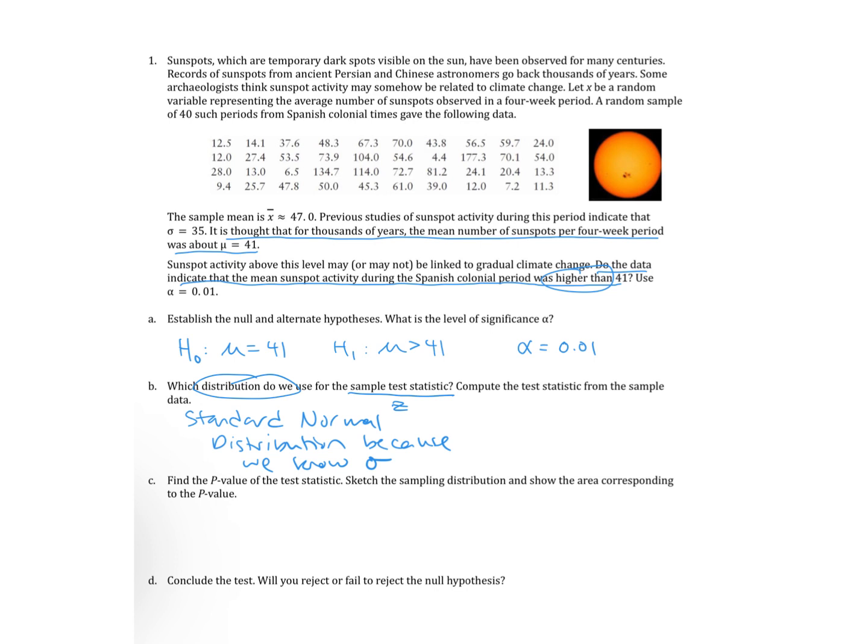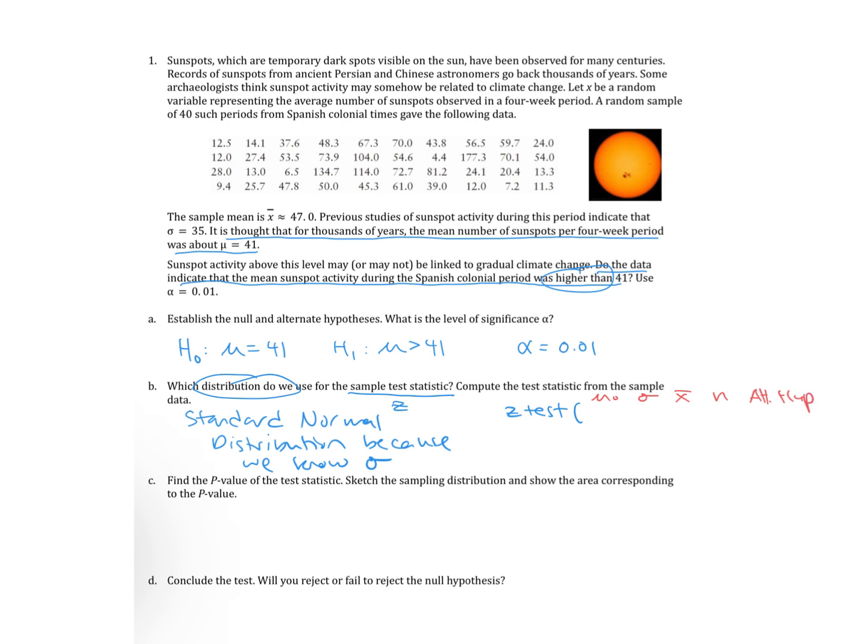Okay, so we're going to go in our TI Inspire to z-test. And it's going to ask for mu sub 0, sigma, x bar, n, and then it asks for the format of the alternate hypothesis.